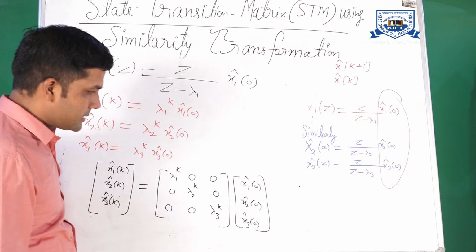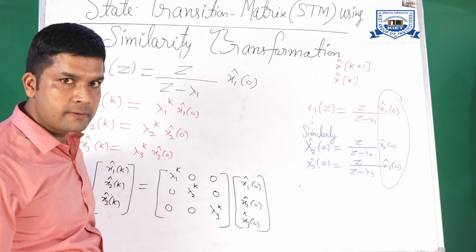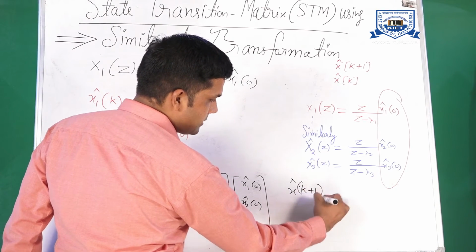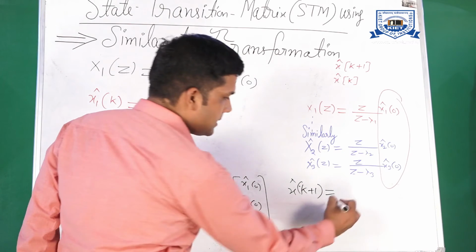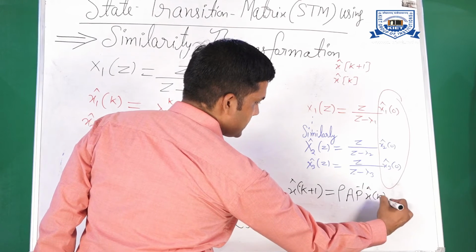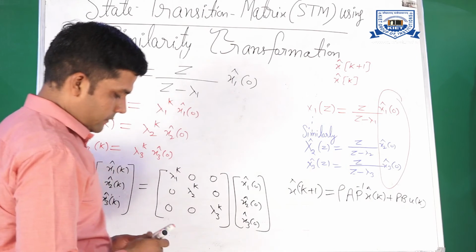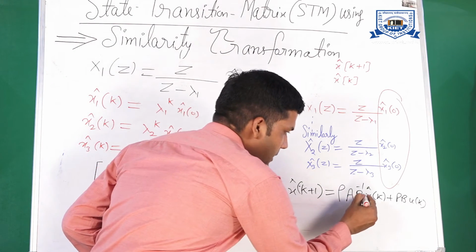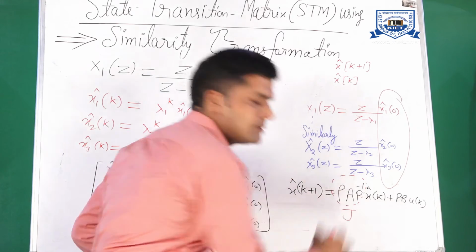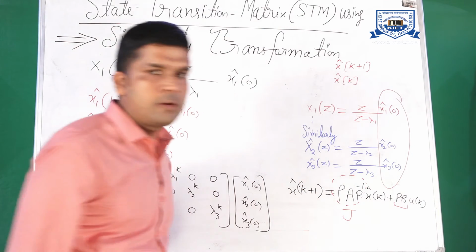Now, how to interpret the result? Because in the previous lecture I have shown that similarity transformation gives the unique model x cap k plus 1 is equal to P A P inverse x cap k plus P B into u k. And we know this is a unique model or diagonal form, and it is represented as J, and this is the modified input matrix.